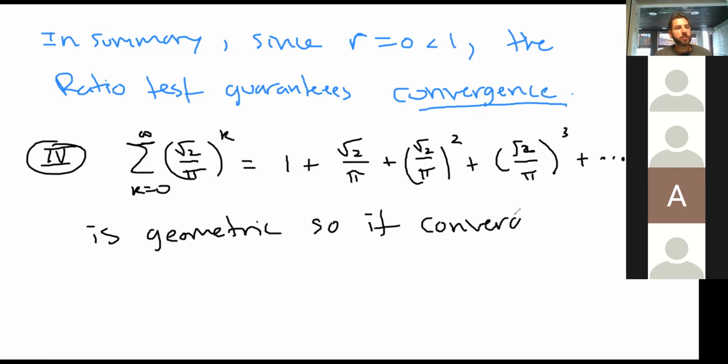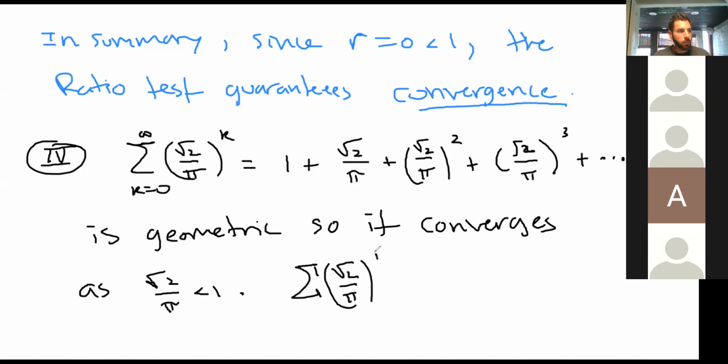So it converges. Why does it converge? Well, what's its ratio? You know that the square root of 2 over pi is less than 1. How do I know that? Because the square root of 2 is less than pi. And so what is the sum? The sum, since we're starting at 0, is 1 over 1 minus the square root of 2 over pi.